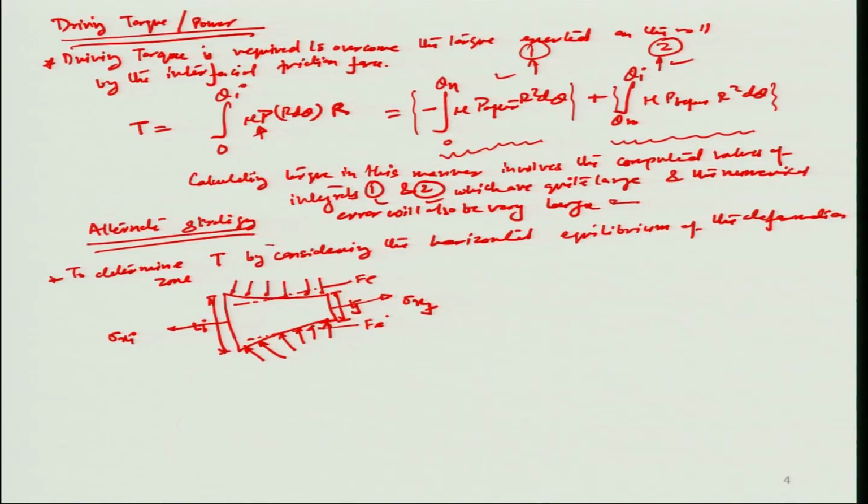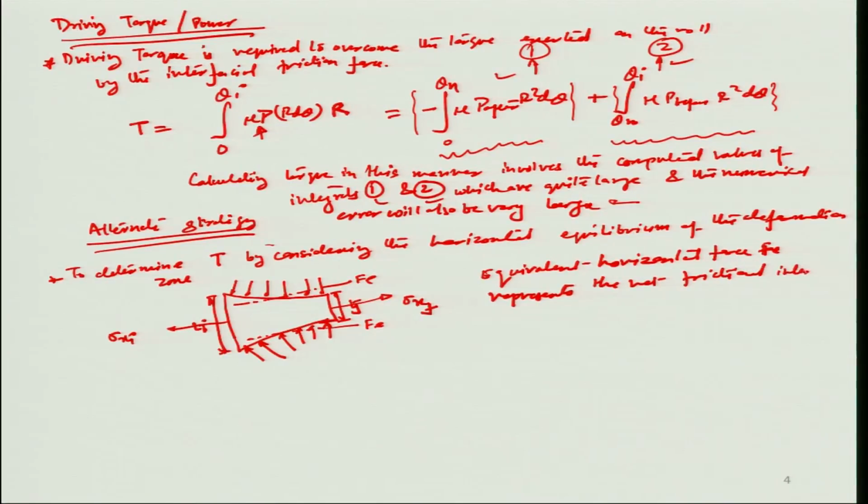So having said that, the equivalent horizontal force Fe represents the net frictional interaction between each roll and the strip.